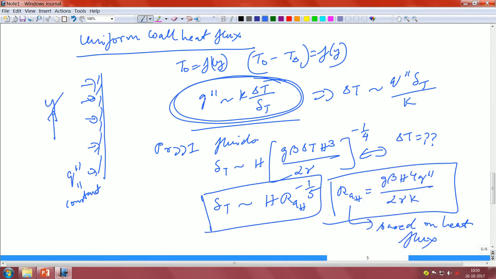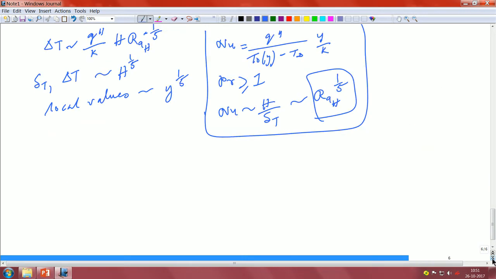So, h by delta T is basically Rayleigh number to the power of 1/5, which is the scale for Nusselt number, and remember this definition of Rayleigh number. So, there is nothing great that we did, except that we have played with a little bit of variable, so that it applies to the current problem, right.